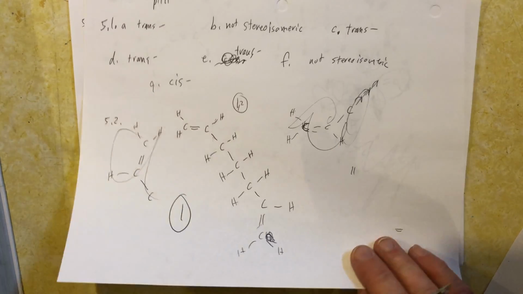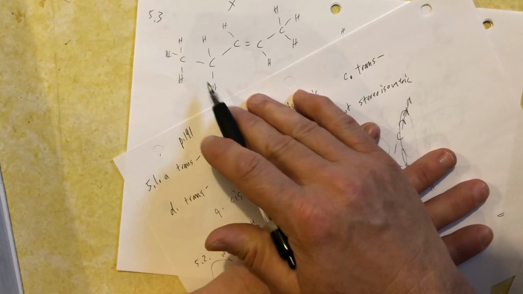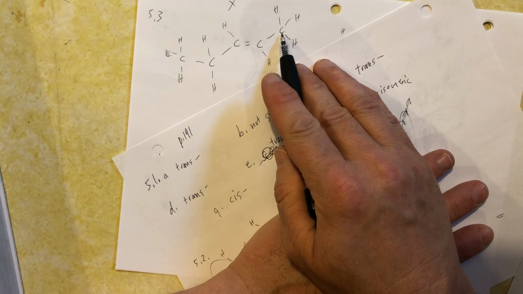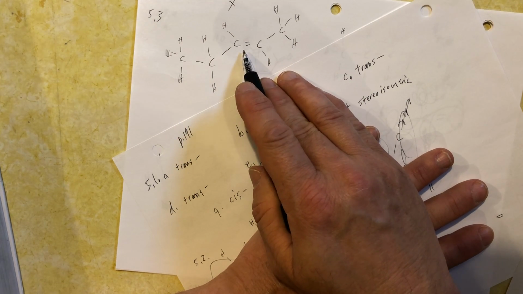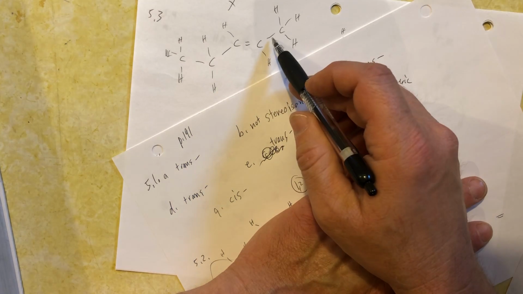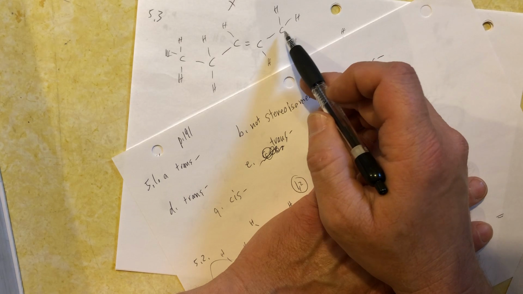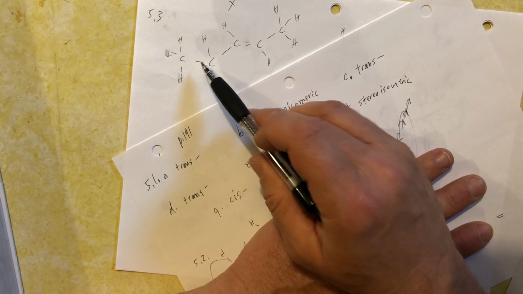Okay, compound X and Y. This is kind of hard. Compound X, if I put the double bond between the second and third carbon, so I have a trans, and this methyl group is trans to this ethyl group.